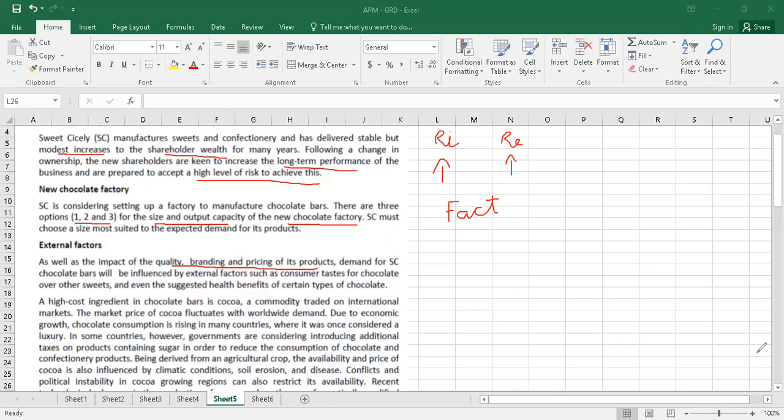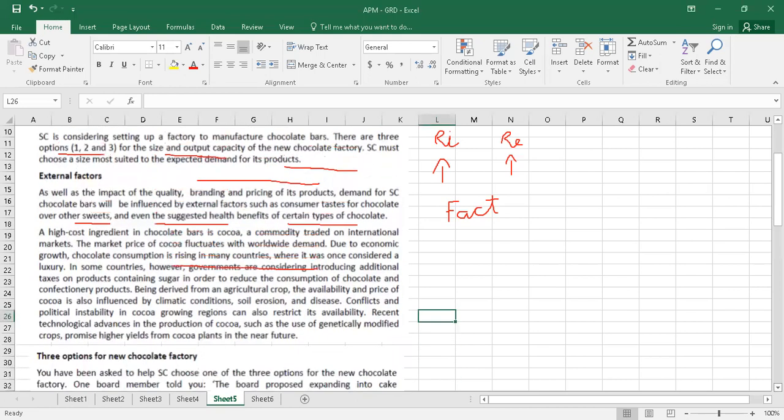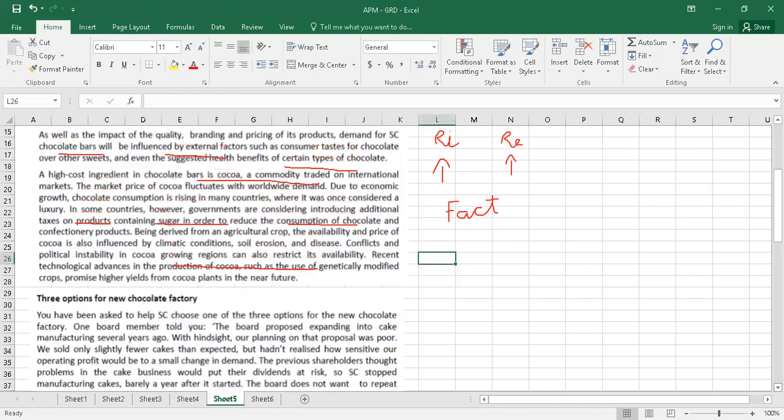A high cost ingredient in chocolate bars is cocoa, a commodity traded on international markets. The market price of cocoa fluctuates with worldwide demand.